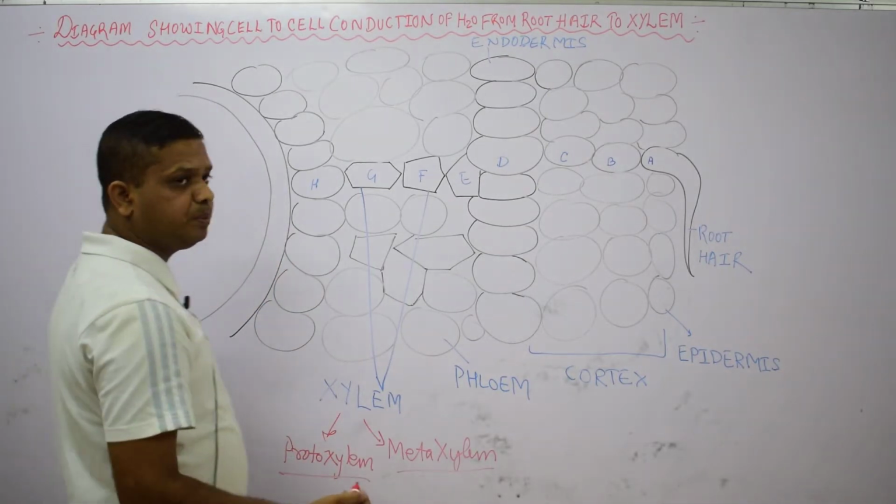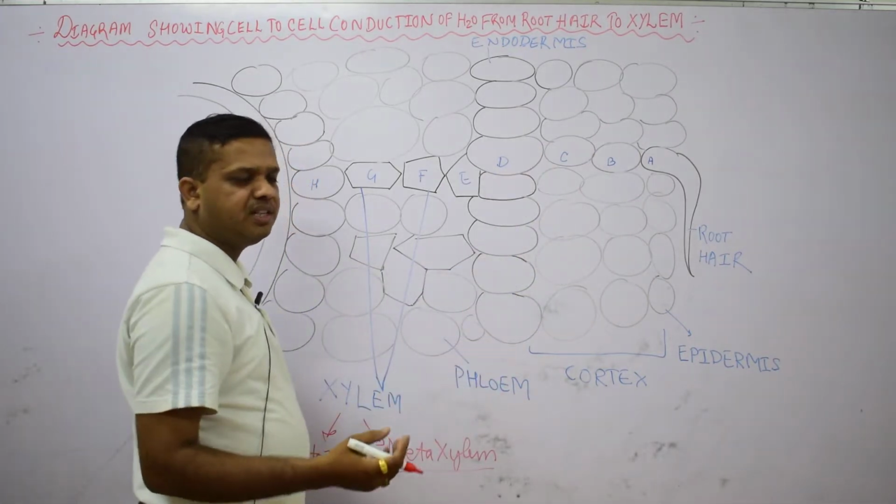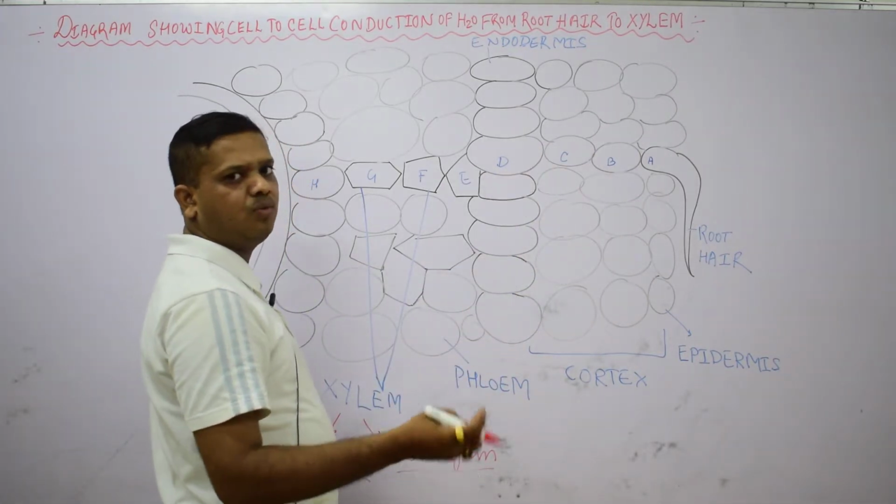So, xylem is divided into two parts, which are used to absorb the essential solution in the form of organic, inorganic and water.